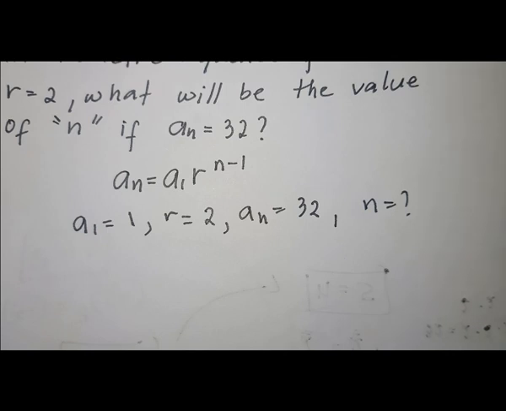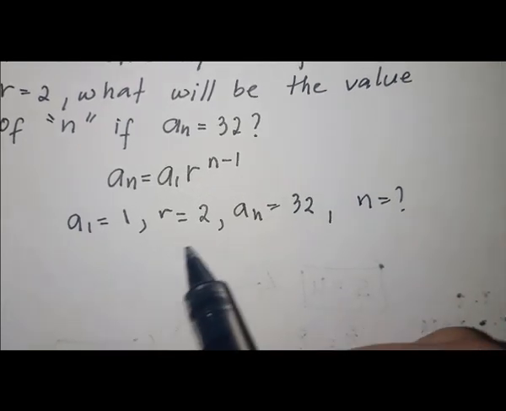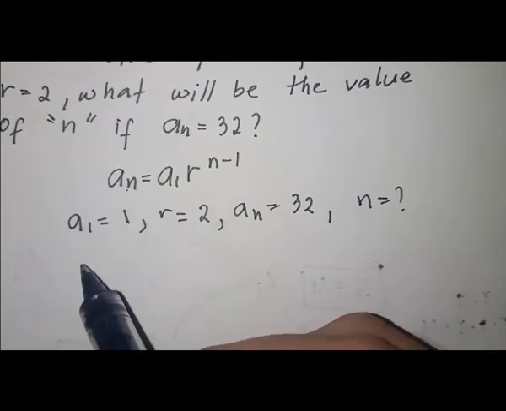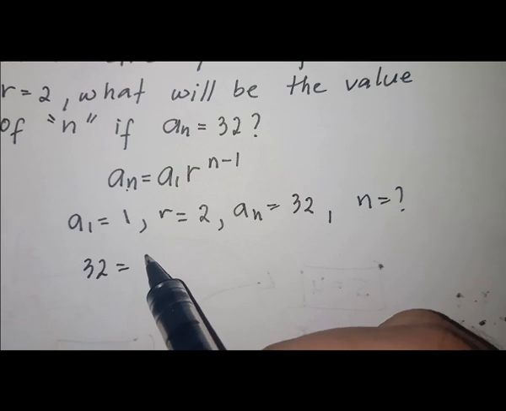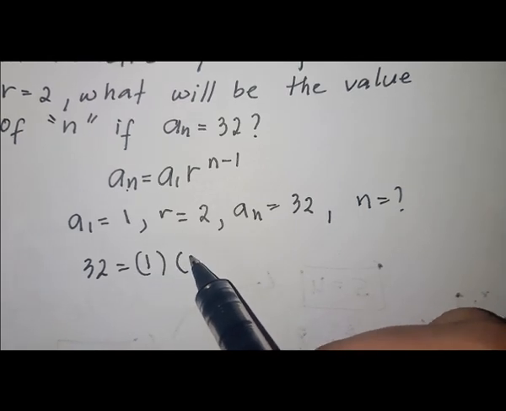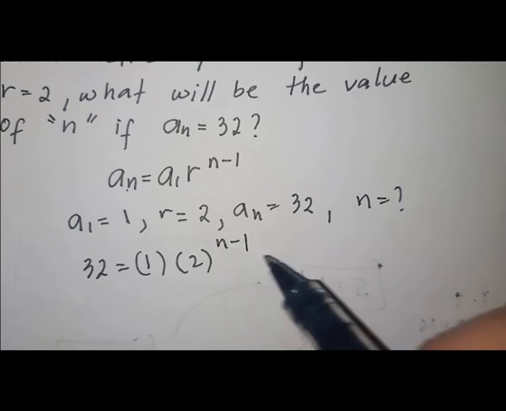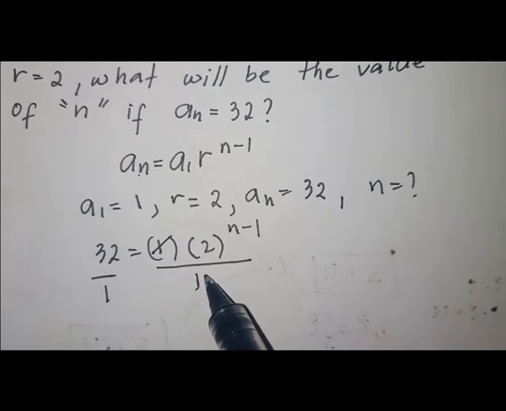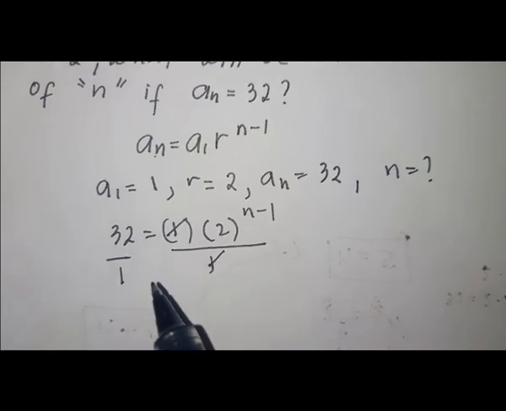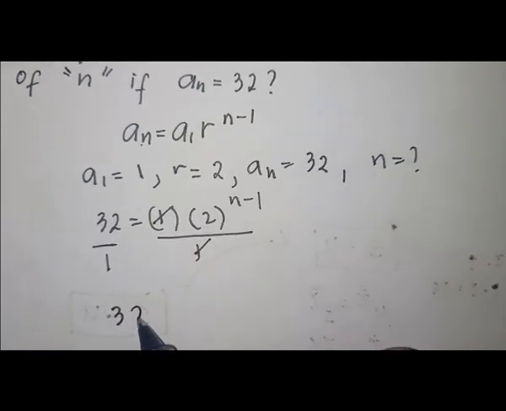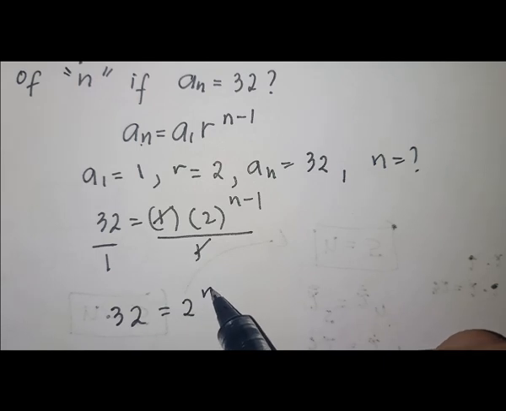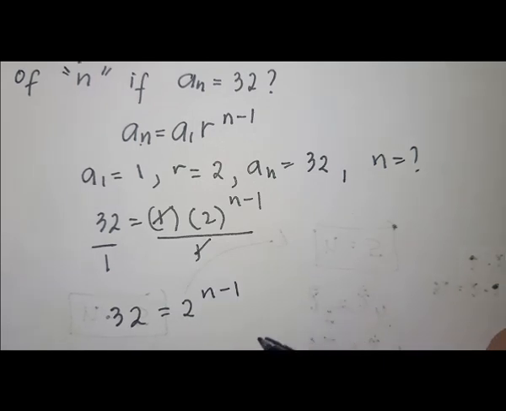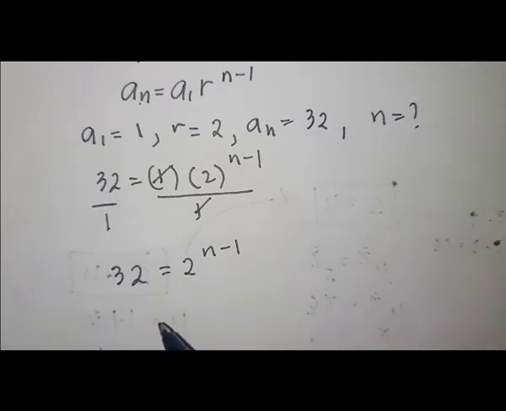Okay, so let's try to solve now. So, substitute natin yung corresponding value. A sub n is 32. A sub 1 is 1. R is 2. Raised to n minus 1. Okay po. So, syempre, kailangan matanggal muna yung 1. Let us try to divide both sides by 1. 1 divided by 1 is the same. So, di naman makaka-apekto kay 32. So, still we have 32 equals 2 raised to n minus 1. Ngayon, yung 32, sulat natin into exponential form.